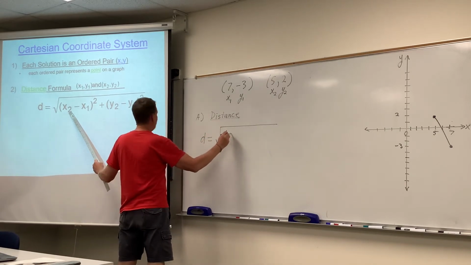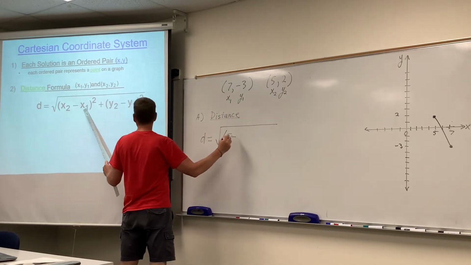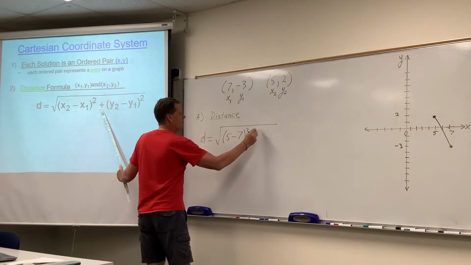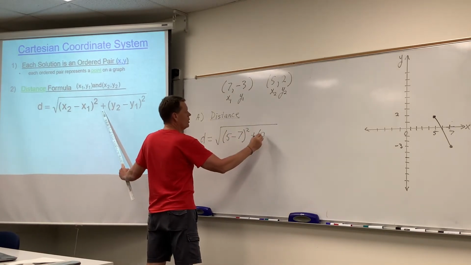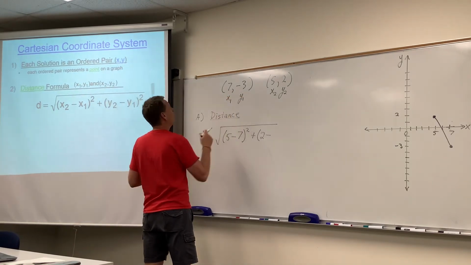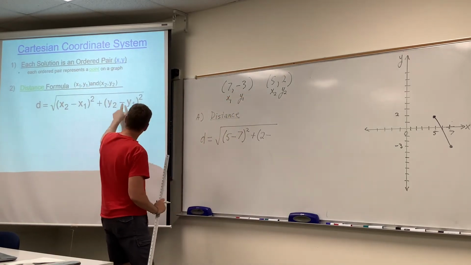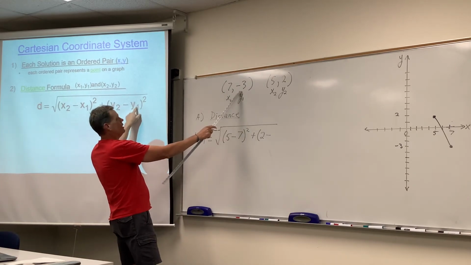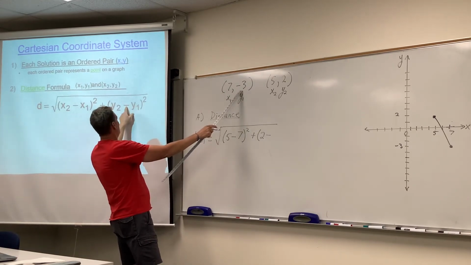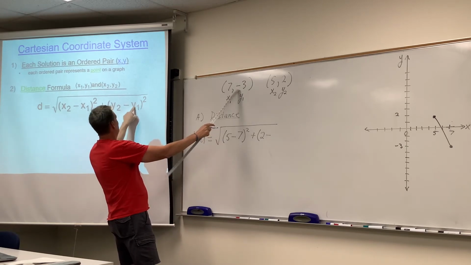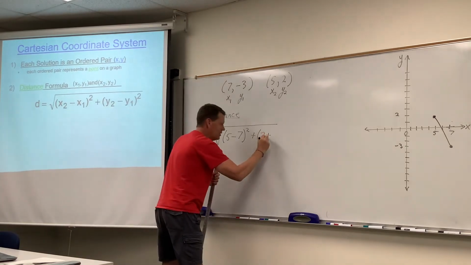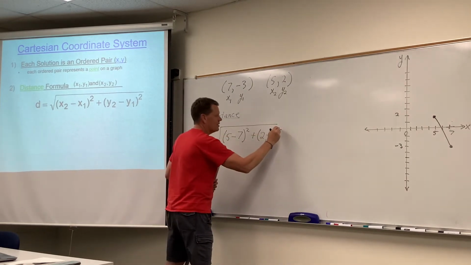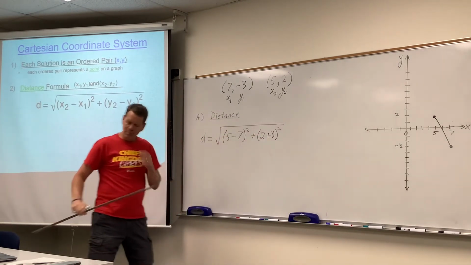X2 is 5 minus x1, which is 7, parentheses squared, plus y2, which is 2, minus y1. We gotta be careful here. The formula has minus, and the number that goes after the minus is gonna be negative 3. So get used to this. When you have a minus followed by a negative number, wouldn't that become plus? My brain says minus negative, that's plus. Be careful with that. That's an easy one to mess up.